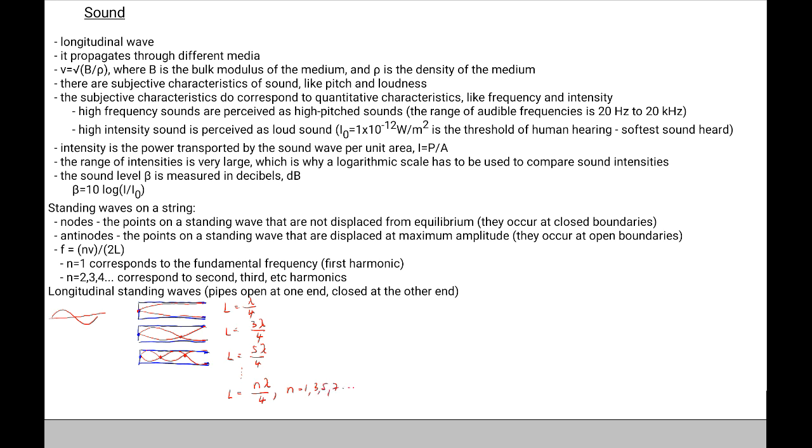So it's an odd number. So remembering that v is lambda f, and lambda is from over here, lambda is 4L divided by n.